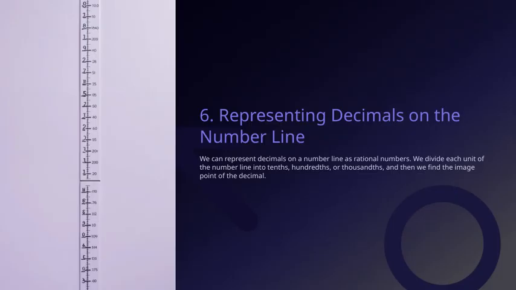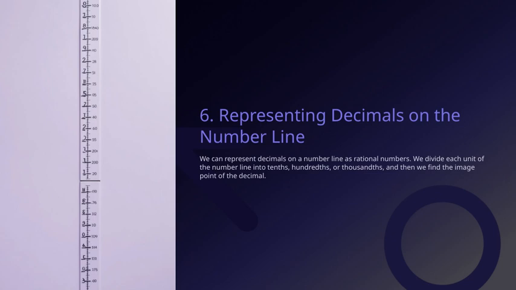Now let's talk about how we can represent decimals on the number line. Essentially, decimals are rational numbers, which means they can be expressed as fractions. When we plot decimals on the number line, we divide each unit into smaller parts, like tenths, hundredths, or thousandths, to accurately locate them. By doing this, we're creating a visual way to understand where a decimal fits in relation to whole numbers.